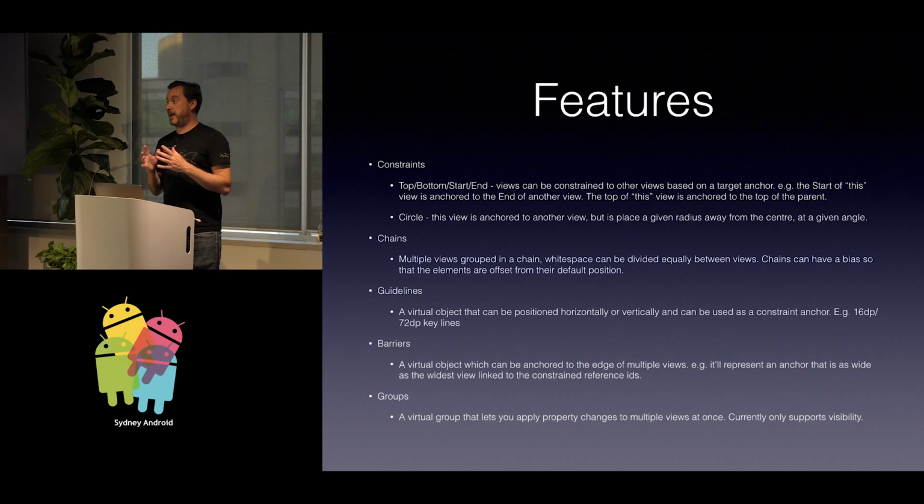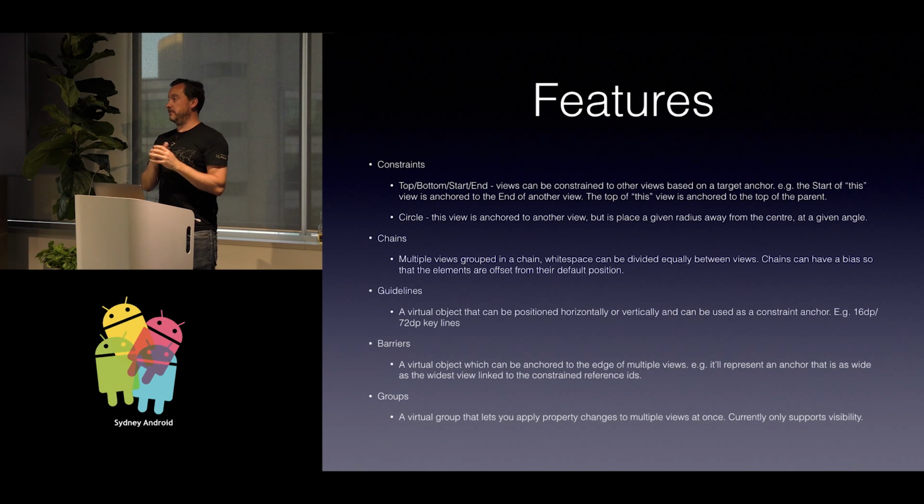You can have another thing called a barrier. A barrier is really handy. It gives you something similar to a guideline, but it's constrained by more than one view. So you might have some text views laid out vertically, and they could change in width. You might have some titles that are brought down from a CMS, and you don't know necessarily at runtime which one of those views is going to be the widest. And you might have some other content which you want to make sure never overlaps those 4 views.